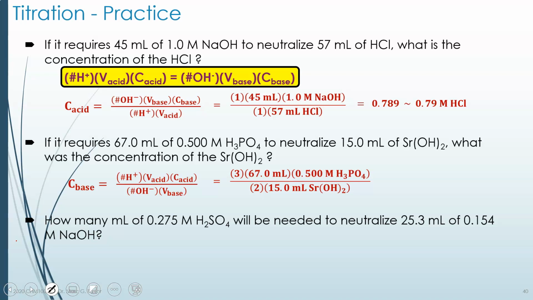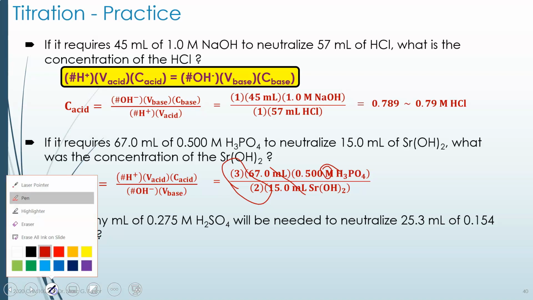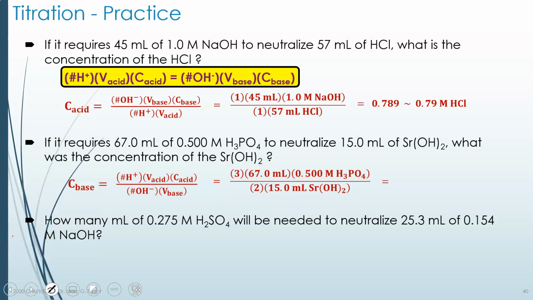We divide it through, and you'll notice the milliliters again cancel each other, and the only unit left is molar. And there are no units for these because it's how many protons per acid or how many hydroxides per base. So those have no units. And we end up with 3.35 molar strontium hydroxide, a very concentrated strontium hydroxide.